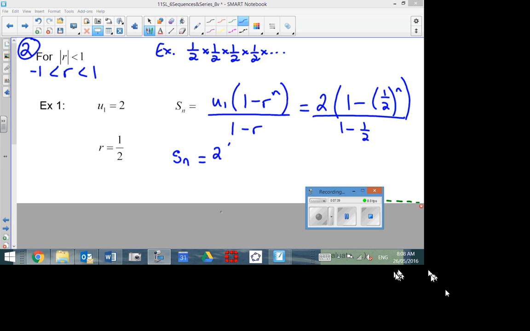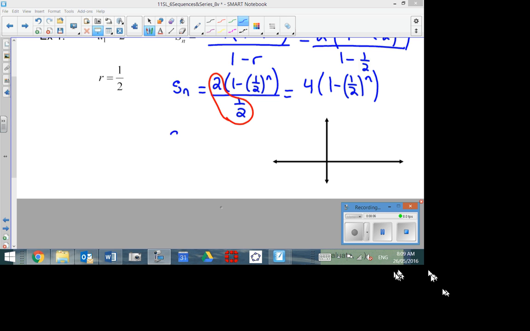If I have 2 multiplied by 1 minus 1/2 raised to the nth power, 1 minus 1/2 is 1/2. When I divide 2 by 1/2, remember that is going to multiply by the reciprocal, so I wind up with 4. Therefore, I have 4 multiplied by 1 minus 1/2 to the nth power.